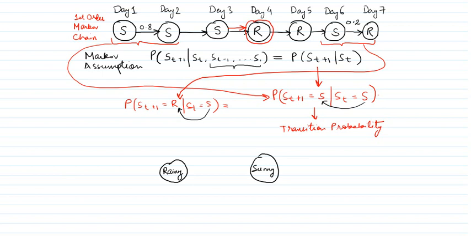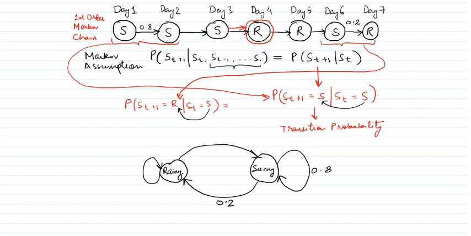When there is a transition from sunny to sunny, the probability is 0.8, and from sunny to rainy it is 0.2, so these two probabilities sum up to 1. Similarly, rainy to rainy is suppose 0.6 and rainy to sunny is 0.4.